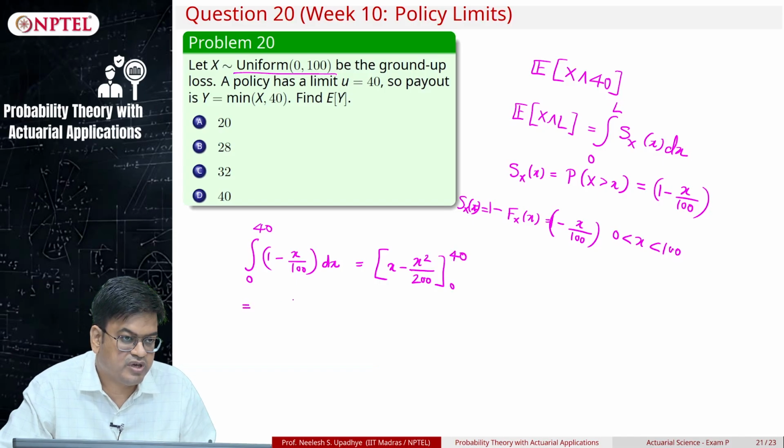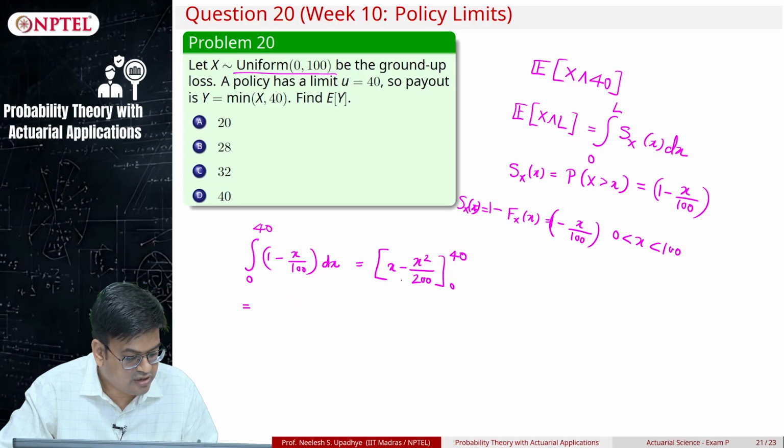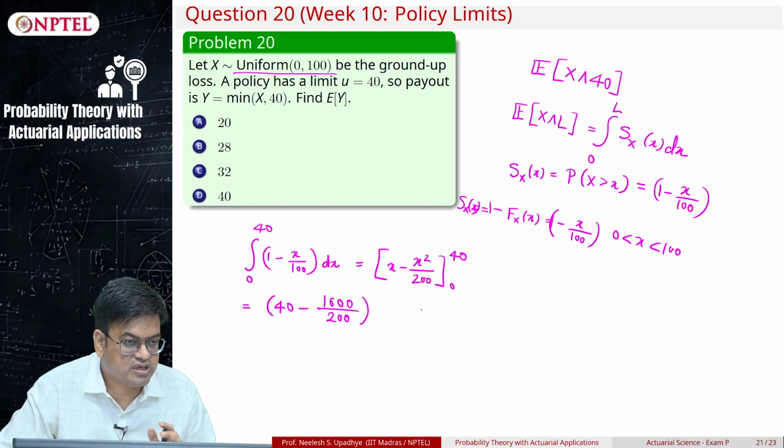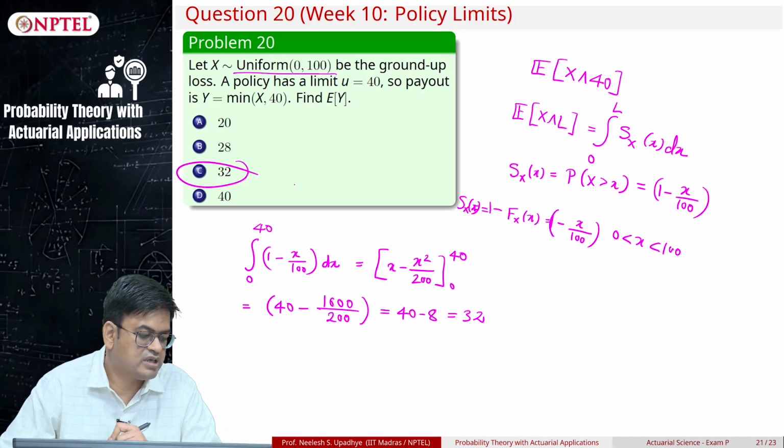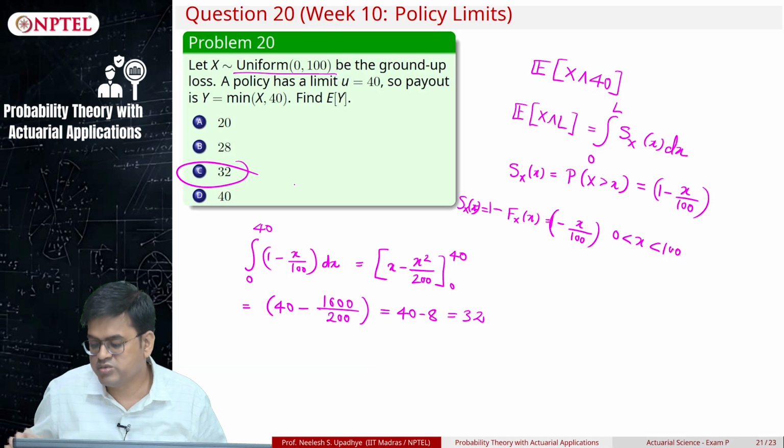Then it is a matter of doing algebra, and you will get expected value of y to be 40 minus 1600 by 200 minus 0, everything is 0. So, this is going to be 40 minus 8, which is equal to 32. Is there any answer corresponding to 32? Yes. So, I got my final answer to be equal to 32.